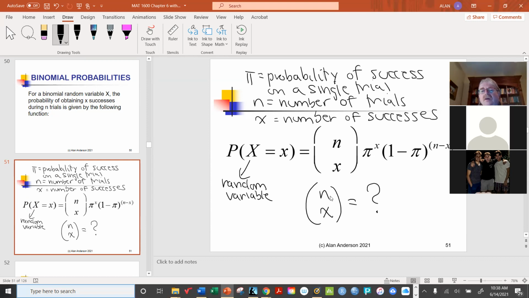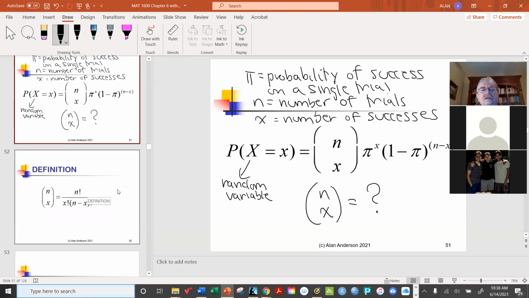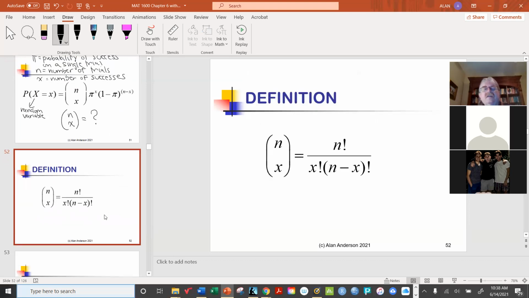All right, so what we're going to do now is take a little detour into a different branch of mathematics to look at this thing. The formal definition of this is, now look at this. You may not recognize these symbols, so we're going to define those next. What does that exclamation point mean?